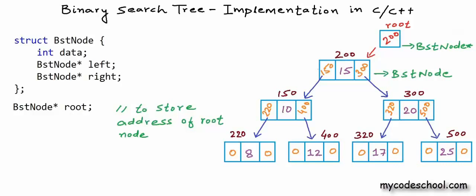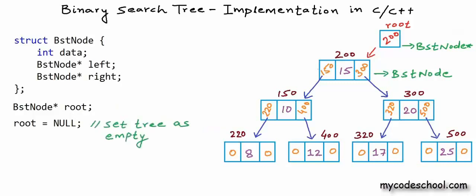To create a BST, as I was saying, we first need to declare this pointer. Initially, we can set this pointer as null to say that the tree is empty. A tree with no node can be called an empty tree, and for an empty tree, the root pointer should be set as null. We can do this declaration and setting the root as null in the main function in our program.